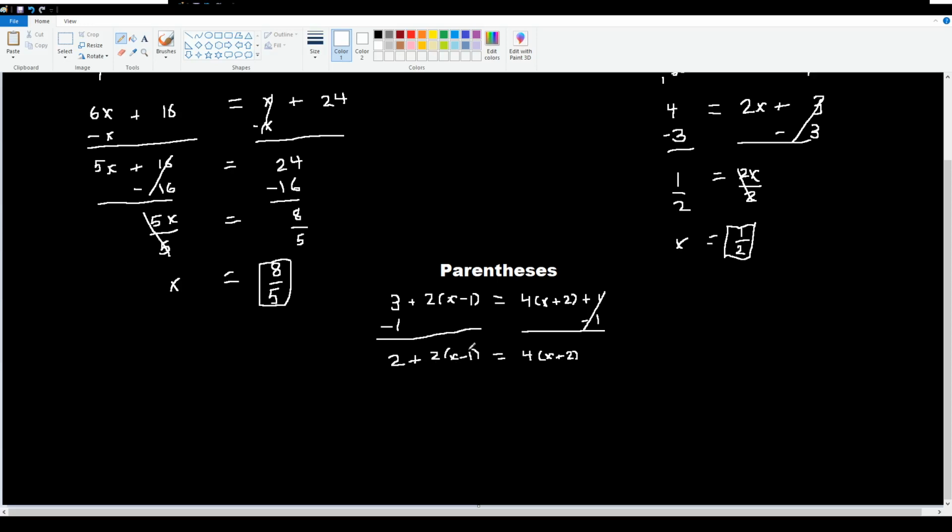You can look at this x minus 1 as, essentially, its own variable. So if you were to look at x minus 1 as an x, then you could just say, oh, then maybe I'm just doing 2 plus 2x equals, and then maybe the x plus 2, look at that as a y, because x plus 2 and x minus 1 are not the same thing.